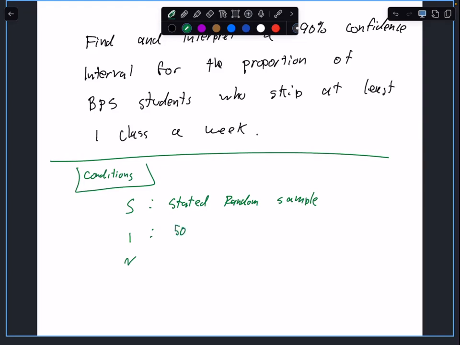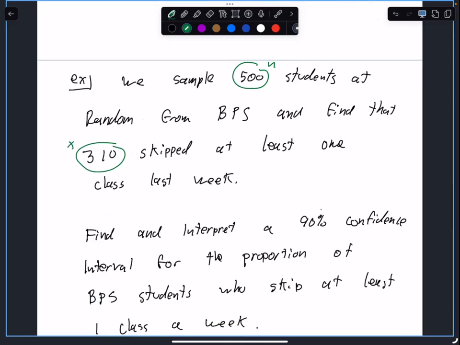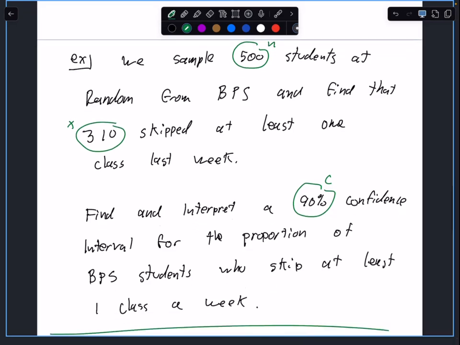Well, 500 is less than 10% of all BPS students. And that actually brings me up to all the information up here. This 500 is my N. This 310 is my X. This 90% is my C. Okay, so that is the information that it's given me.